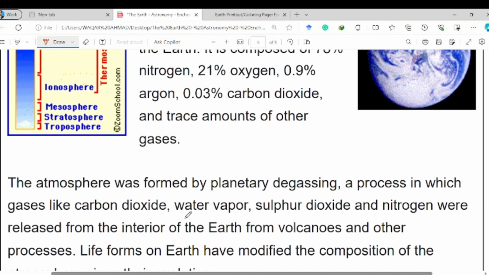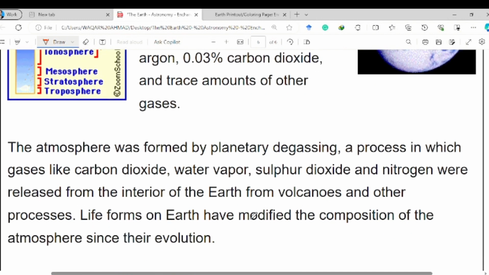The atmosphere was formed by planetary degassing processes, in which gases like carbon dioxide, water vapor, sulfur dioxide, and nitrogen were released from the interior of the Earth due to volcanism, tectonic activity, and other processes. Life forms on the Earth have also modified the composition of the atmosphere and its evolution. In that evolution, the atmosphere plays a crucial role.